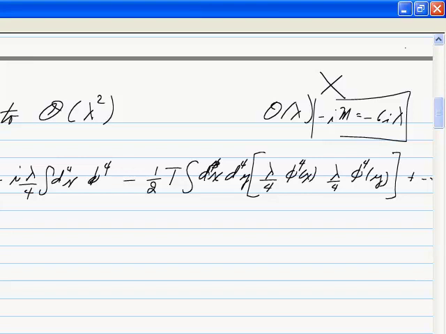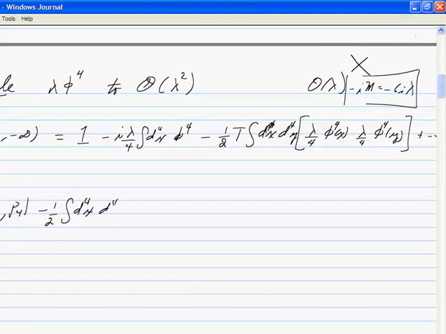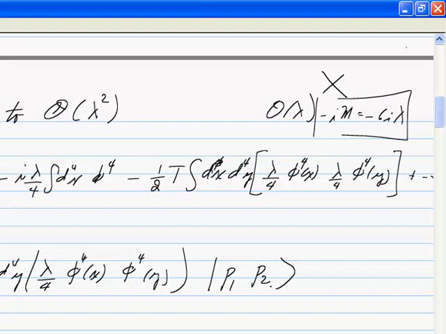So it's T_FI, which is, at order 2, the bra of P3, P4, minus 1/2 integral d^4x d^4y, lambda over 4, phi to the 4th of x, phi to the 4th of y, time ordered, then the ket of P1, P2. There's our big guy.